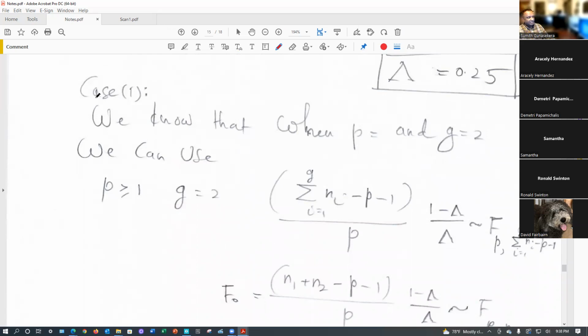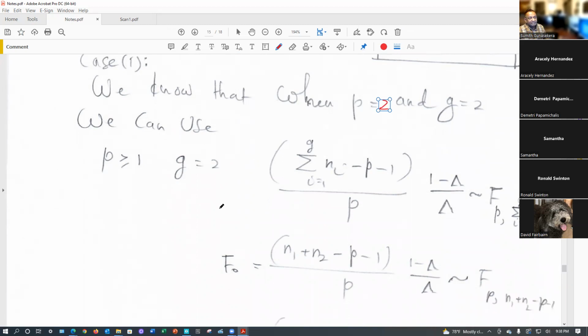In case 1, we know that when p equals 2, t equals 2 and g equals 2, I can use this format. Can you remember I gave these formulas earlier too in our notes, when we were going through repeated measures? Anyhow, you don't have to memorize anything like that.